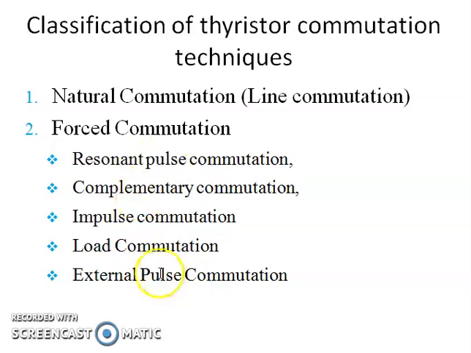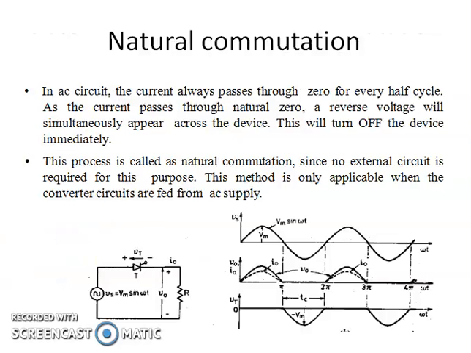In all these commutation techniques, we are employing external circuitry to turn off the SCR. But in the case of natural commutation, we are not employing any external circuitry to turn off our SCR. The SCRs naturally turn off due to the input AC signal.